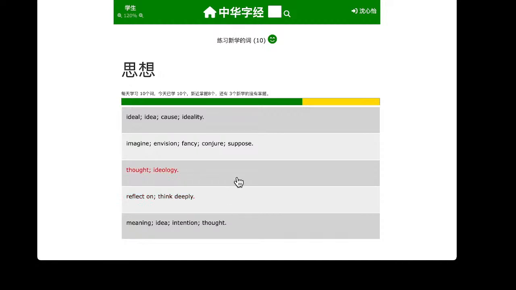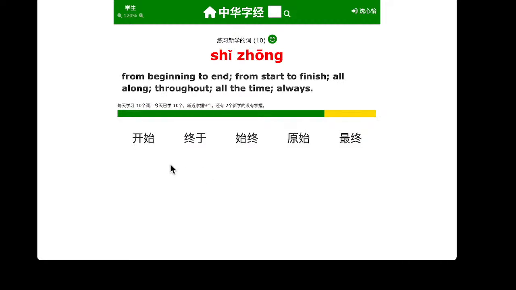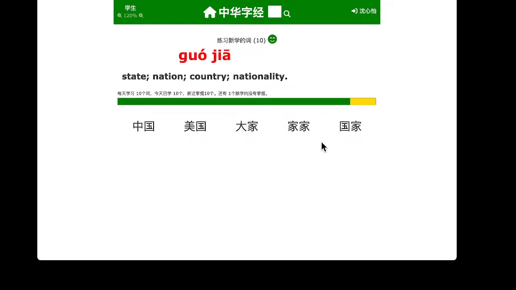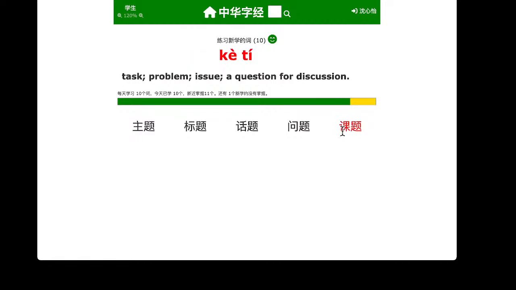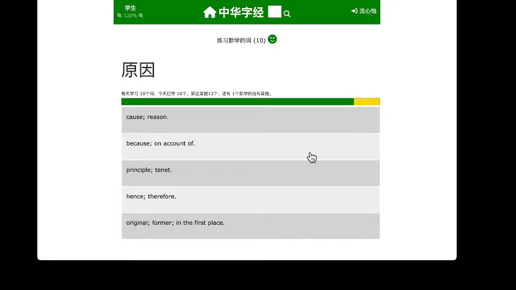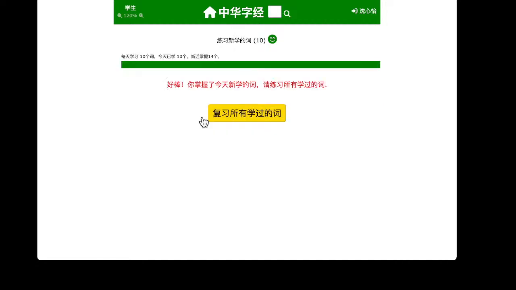思想时钟国家复习所有学过的词。Okay, so I guess the idea behind this is that you just click whatever button pops up, even if you can't read it, and then eventually, as you get more versed in the characters, you'll be like, whoa, I can read the button now.